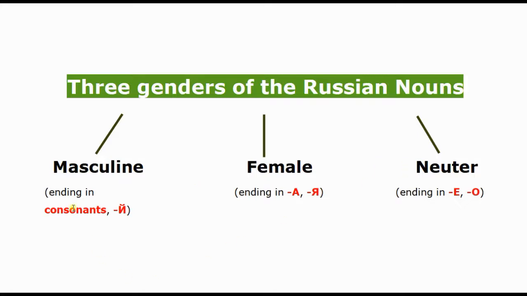Just a quick note that masculine gender nouns basically end in consonants or the letter Й. And the feminine gender nouns end in vowels, which are А and Я. And the nouns corresponding to the neuter gender end in the vowels Е and О. So let's talk about masculine gender in particular in this video.